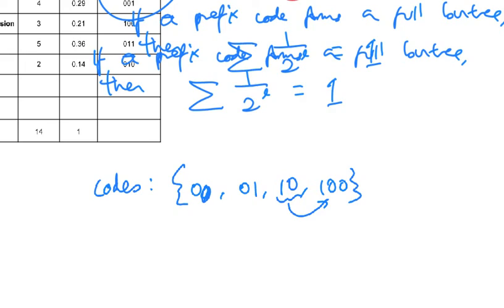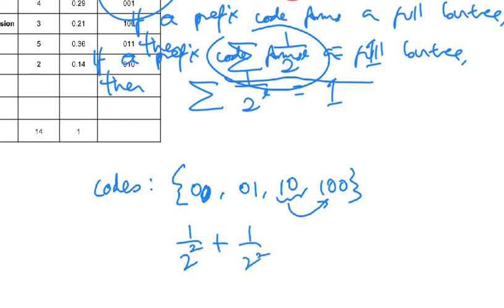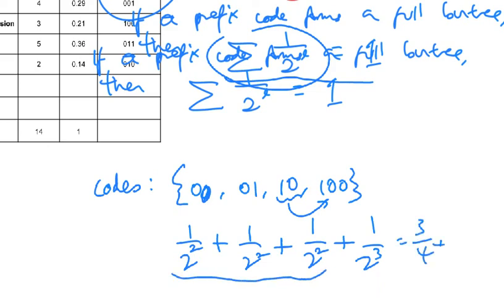Applying this formula, just calculating this summation: 1 over 2^2 plus 1 over 2^2 plus 1 over 2^2 plus 1 over 2^3. This is 3/4 plus 1/8, and this is less than 1. And the same goes here, this is less than 1.